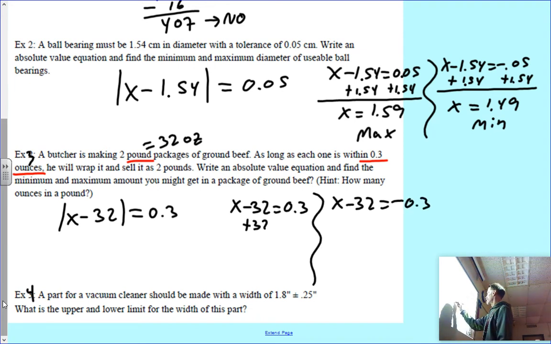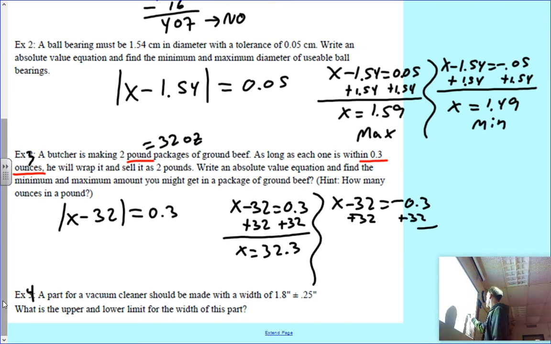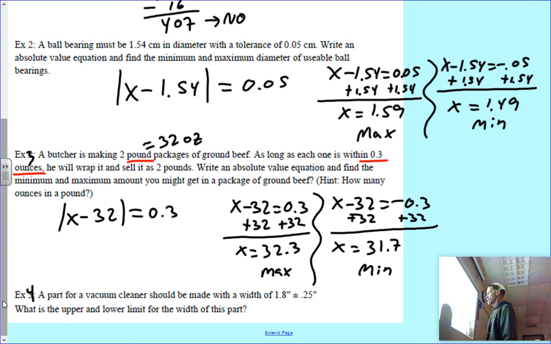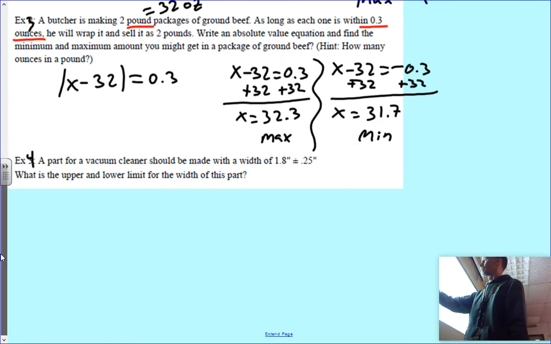Add your 32. And you get minimum value, maximum value. The one nice thing about the tolerance questions, again, they're always in the same format.